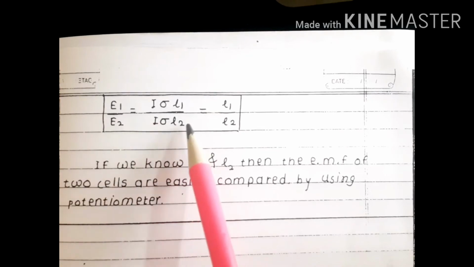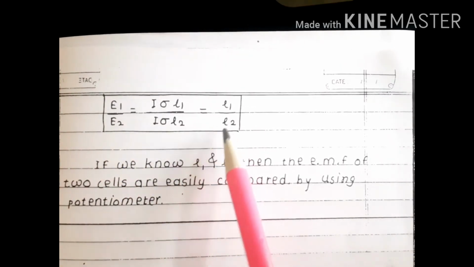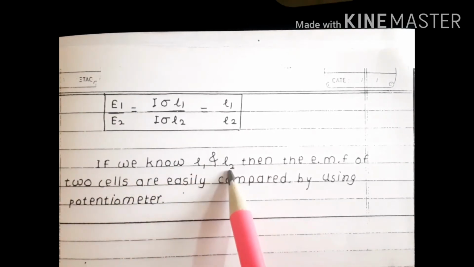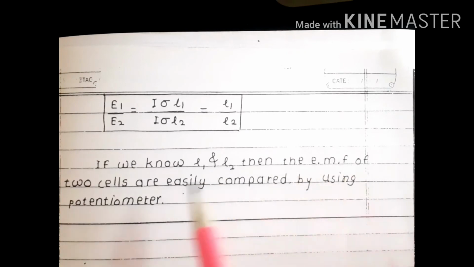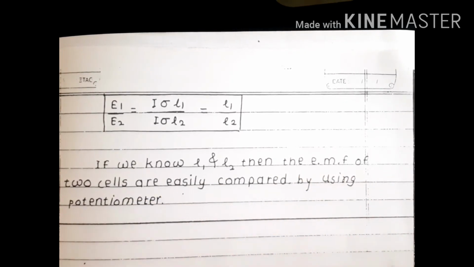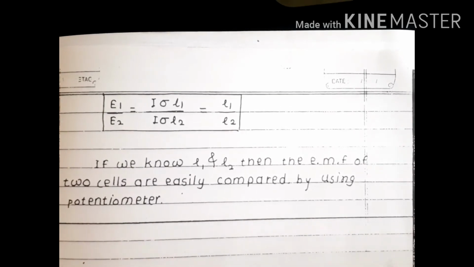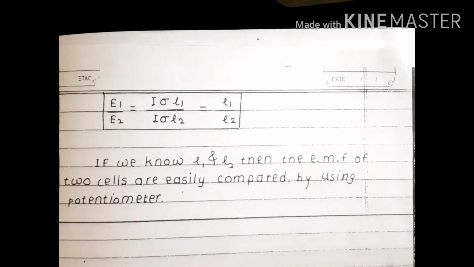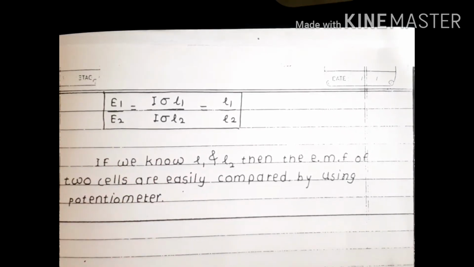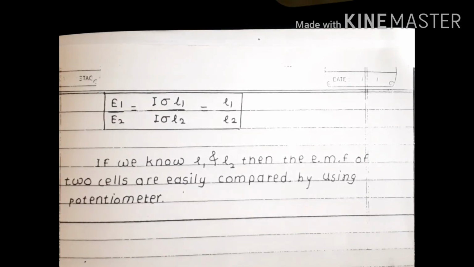I sigma gets cancelled. Therefore E1 upon E2 is equal to L1 divided by L2. If we know L1 and L2, then the EMFs of two cells are easily compared by using potentiometer. This is the use of potentiometer to compare the EMFs of two cells by the separate cell method or individual method.